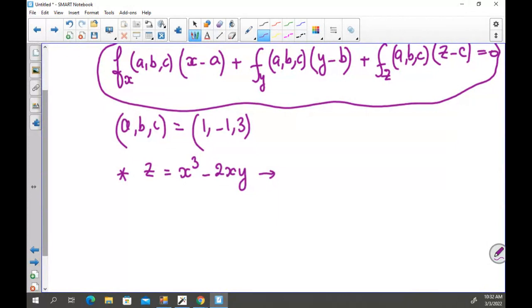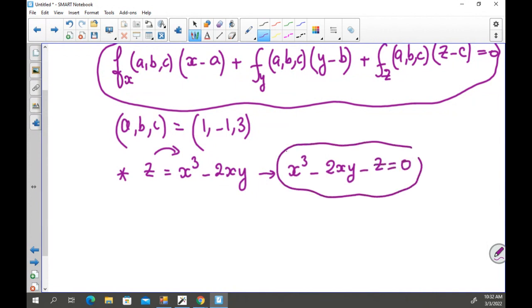Now bring everything to the left side. Or let me take z to the other side. I think it's better to do it this way. The result will be the same, by the way, it doesn't matter. But I prefer to do it this way. x cubed minus 2xy minus z equal to 0.